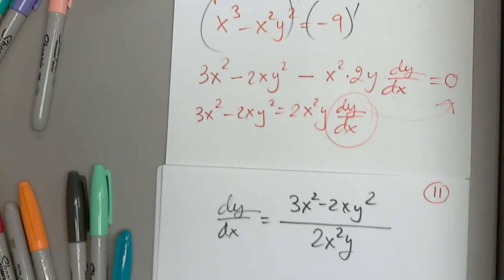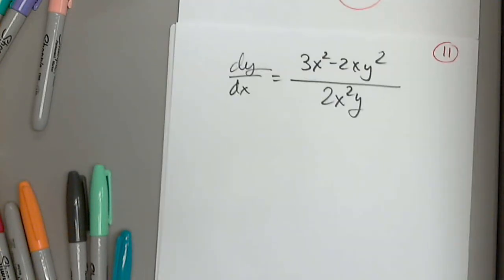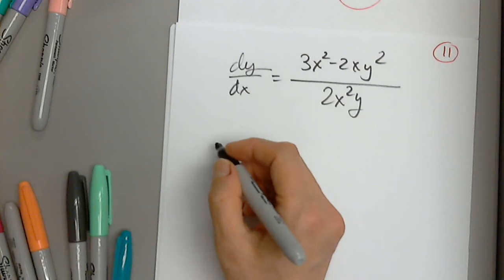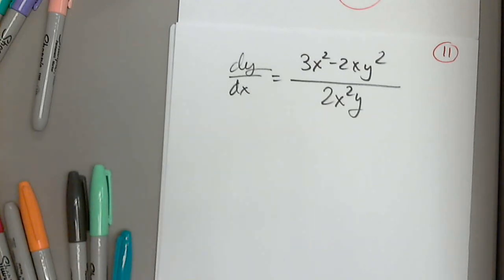Okay, what else would you like to go back to? Can you do number 5 from the test? Yes. What does it say? We have 1/x, 1 and 0.2.